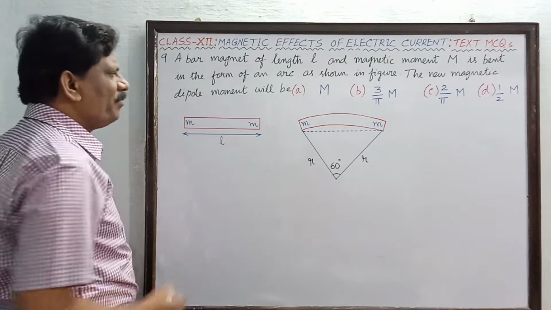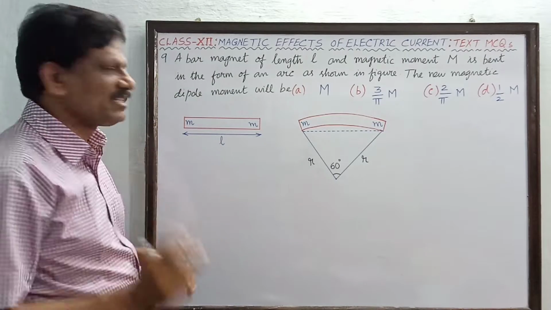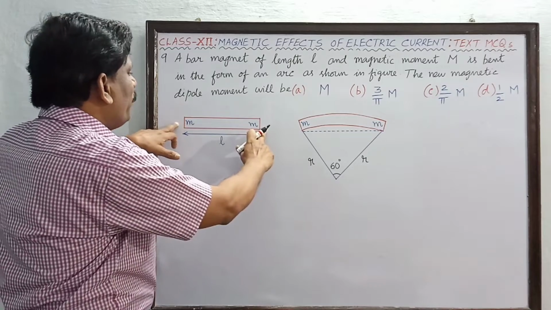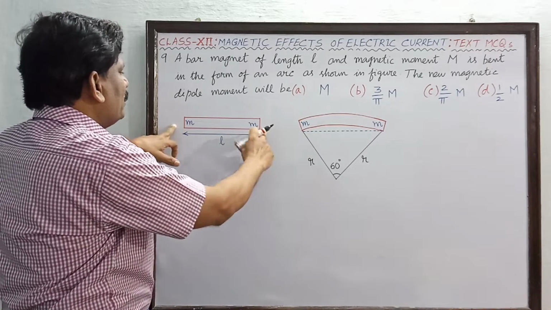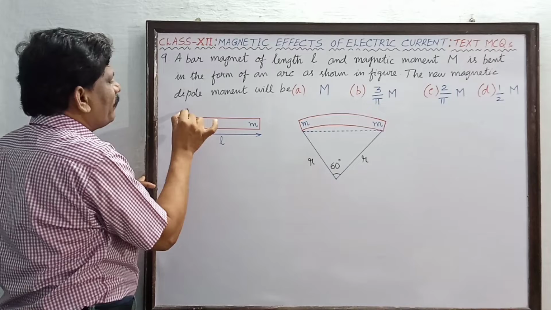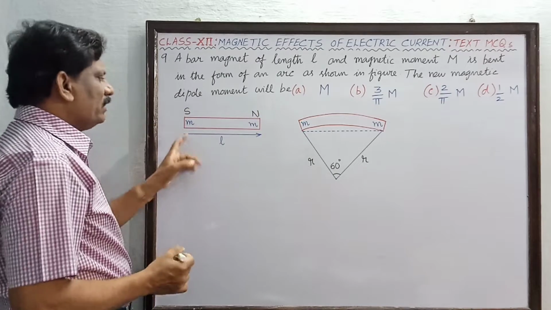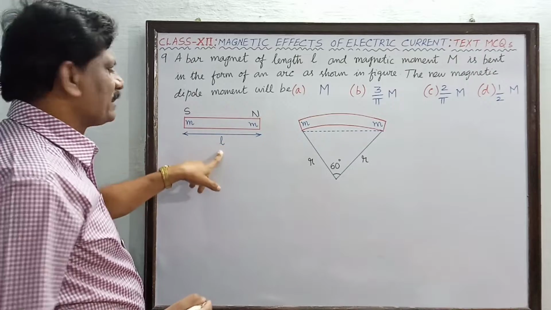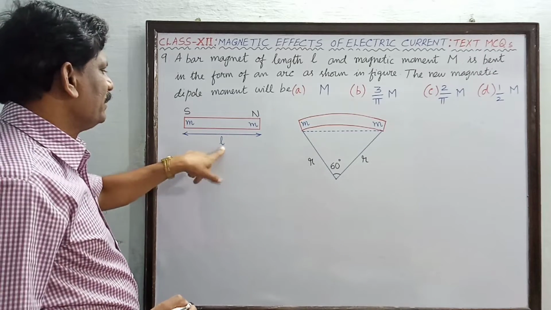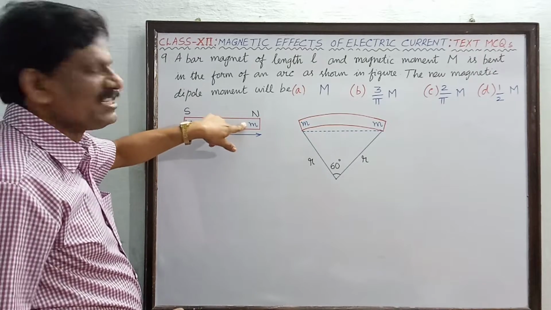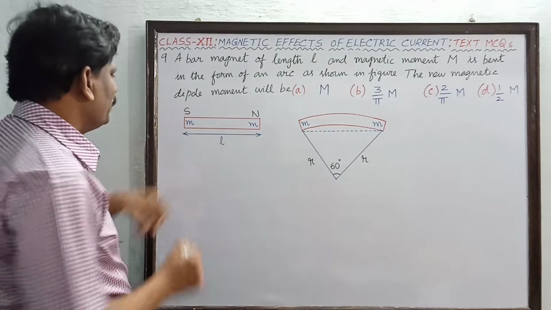Now initially before bending, what is the pole strength of each pole? See this is the south pole, for example, and this is the north pole. The distance between the two poles is called the magnetic length, that is L, and the pole strength of each pole is m.